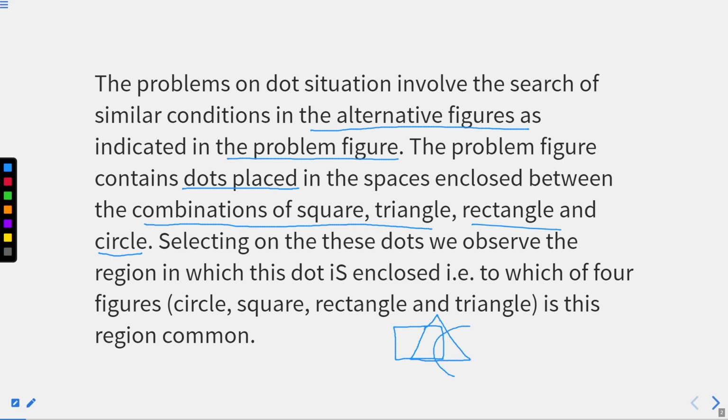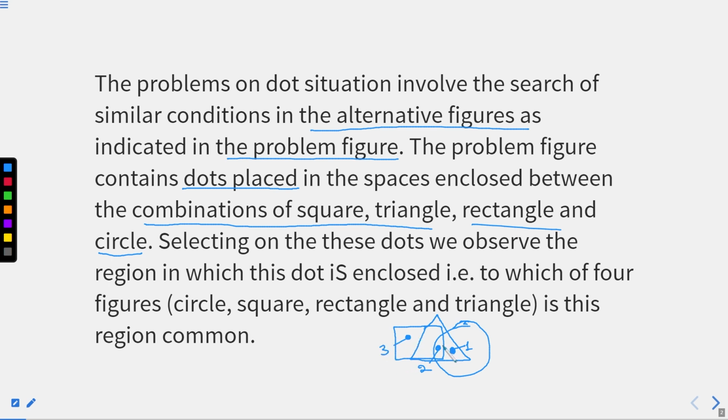And this is a circle. Now if I mark a dot here, this dot number 1 is in between the triangle and the circle. If I mark a dot here, that is dot number 2, this is between the square, triangle as well as circle. If I mark a dot here, that is dot number 3. So this dot is only in the square.